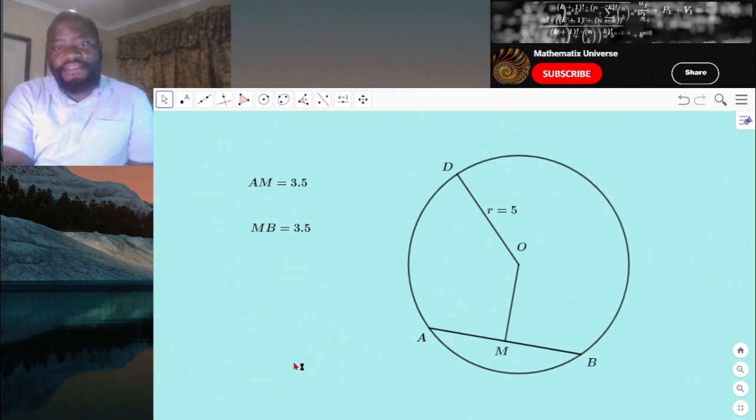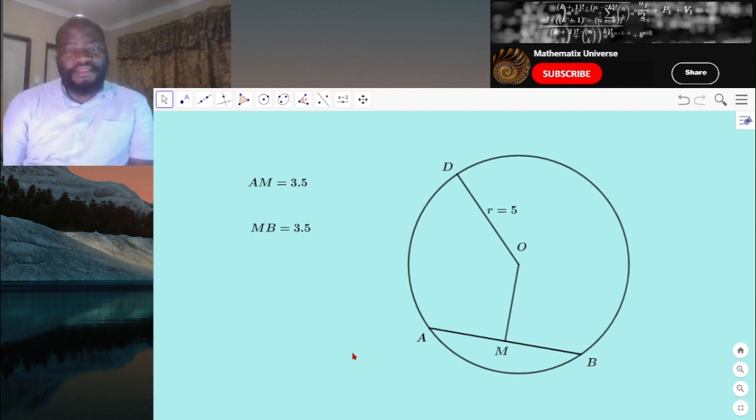In GeoGebra, I have constructed the diagram for Theorem 1, and right here this is a circle with radius 5. So I just had this so that you can see that the radius is 5.